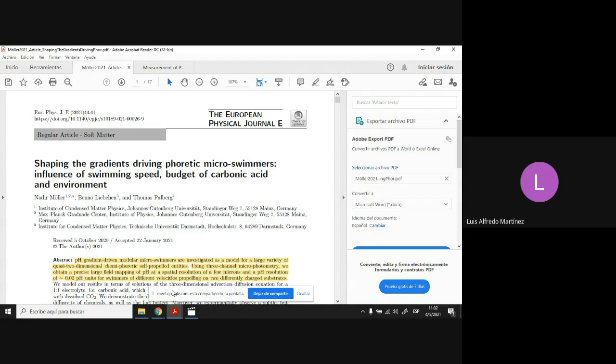The phoretic motions appear in the absence of body force. For example, electrophoresis, thermophoresis or diffusiophoresis are some examples of phoretic effect.